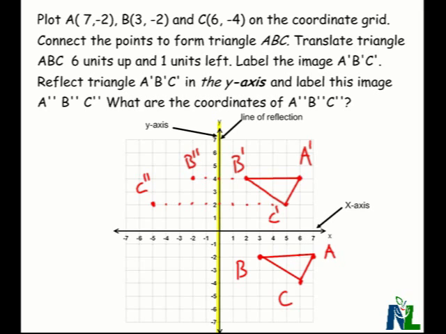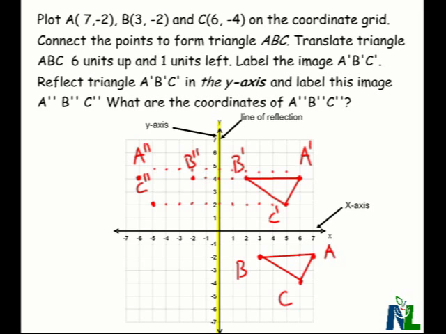We'll do the same for point A. 1, 2, 3, 4, 5, 6 spaces would be right there. We'll call this point A prime prime.